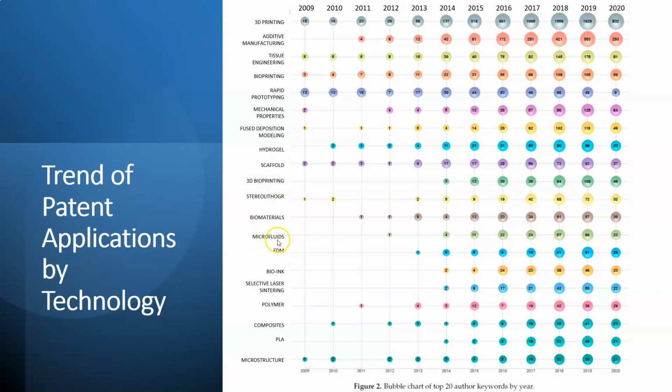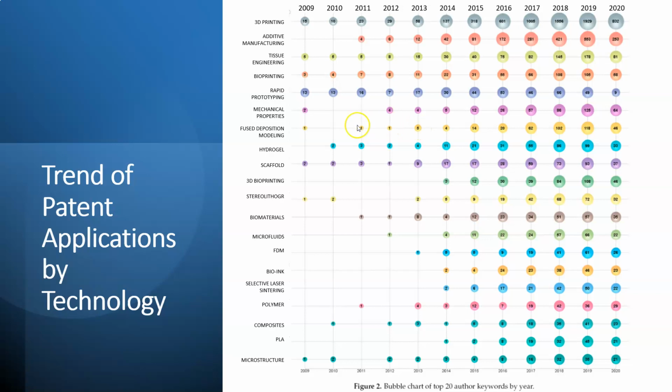Microfluids, it's a little bit ambiguous what that applies to, but bioink definitely applies to biology. So, I don't think it's more than half, but it's certainly a sizable percentage of the technologies are applied to biomaterials.